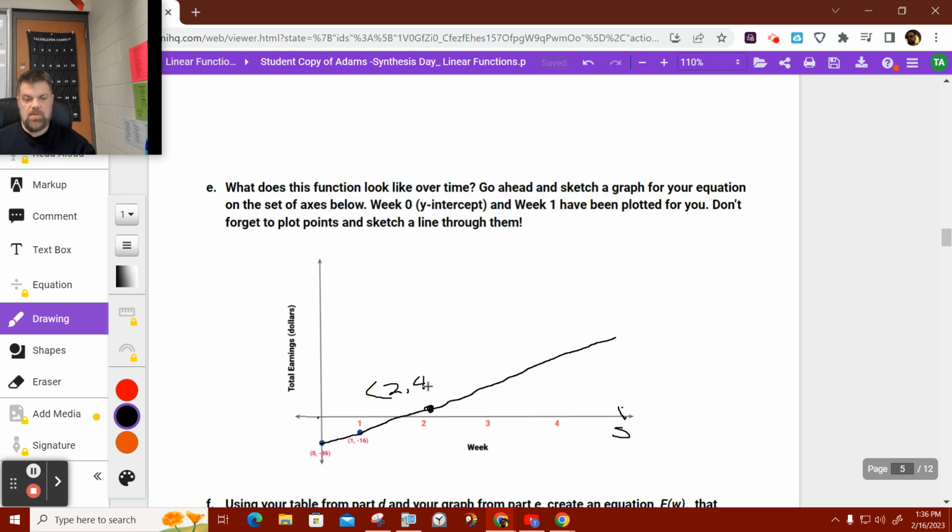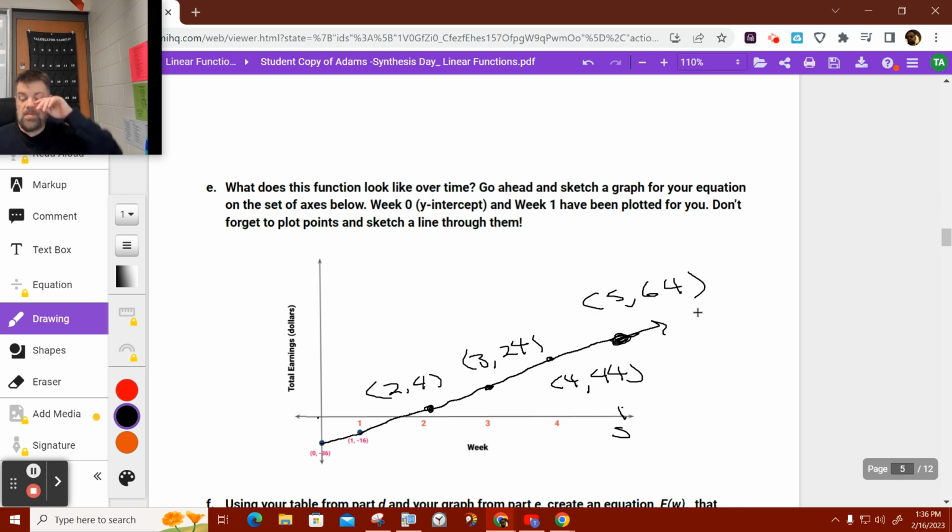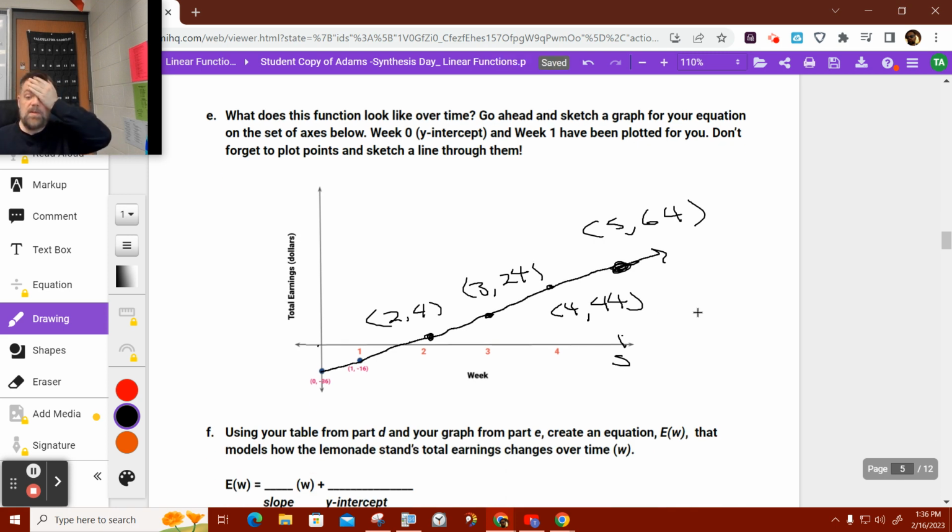So it'd be 2 comma 4. Right here, we said that would be 3 comma 24. Right here, this would be 4 comma 44. And then right here, we'll make a big dot there. This would be 5 comma 64. And that's all you got to do there. Please label those points.